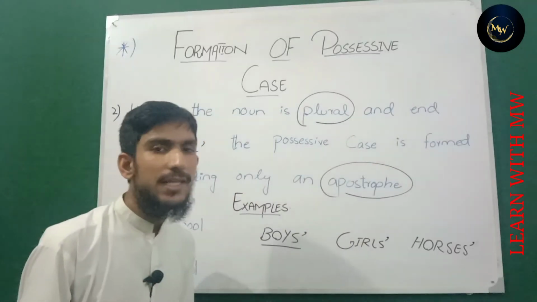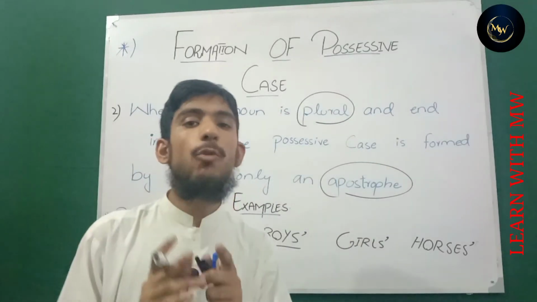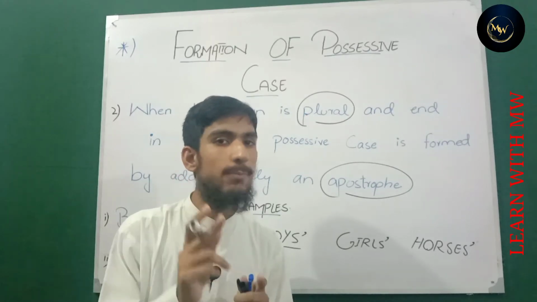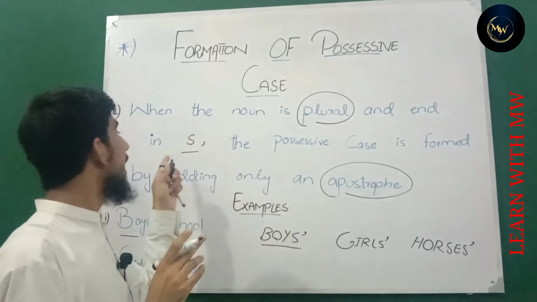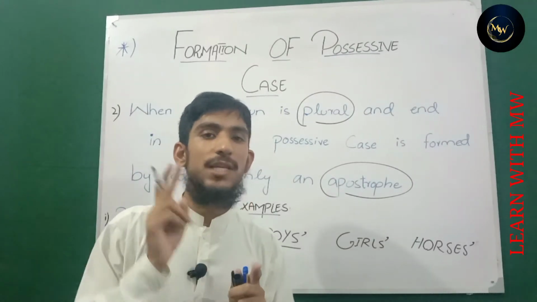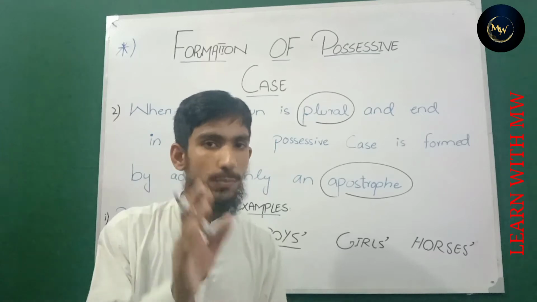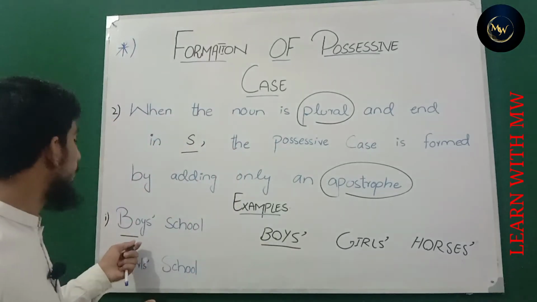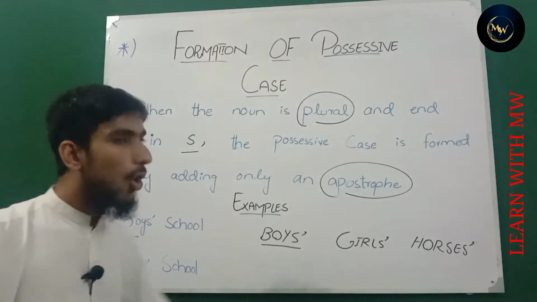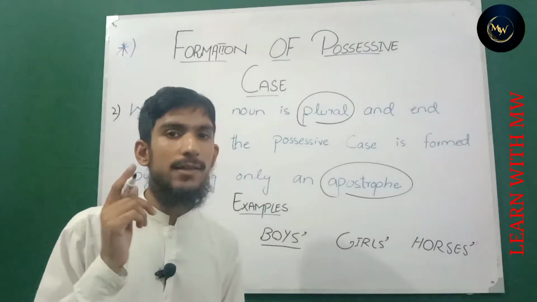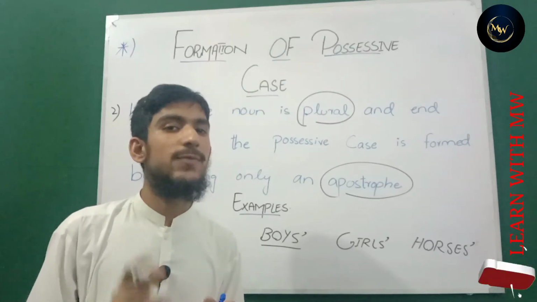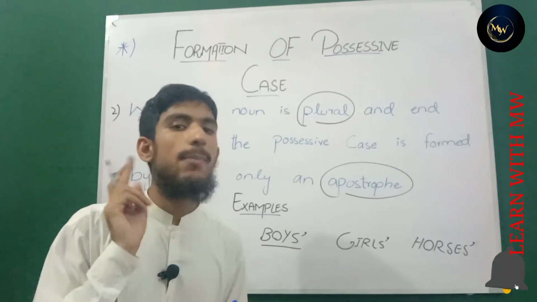So in the second technique we learned that when the noun is plural and ends in s, its possessive case is formed just by adding an apostrophe to that noun. For example, boys' school, girls' school, horses' tail: all of these are nouns as well as plural and end in s, so the possessive case is formed just by adding an apostrophe.